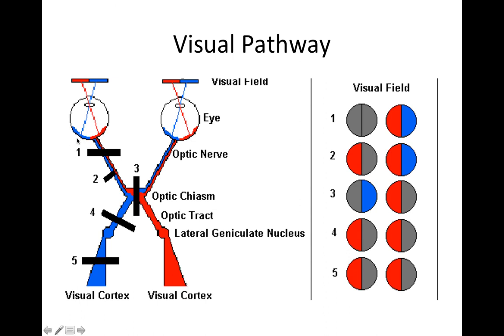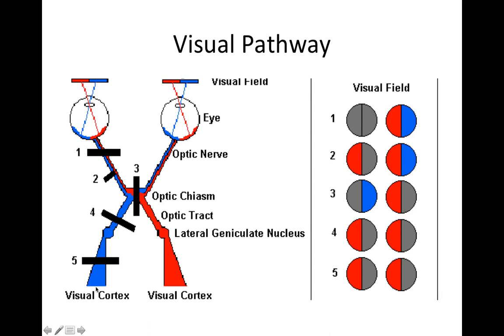Conversely, the lateral aspect of the eye that sees the medial visual field is going to run down the ipsilateral optic nerve, and then it is going to remain on the ipsilateral optic tract and ipsilateral visual cortex. So when you look at this as a whole, once you get past the optic chiasm and you're at the optic tract, you are seeing the lateral aspect of the ipsilateral eye and the medial aspect of the contralateral eye.